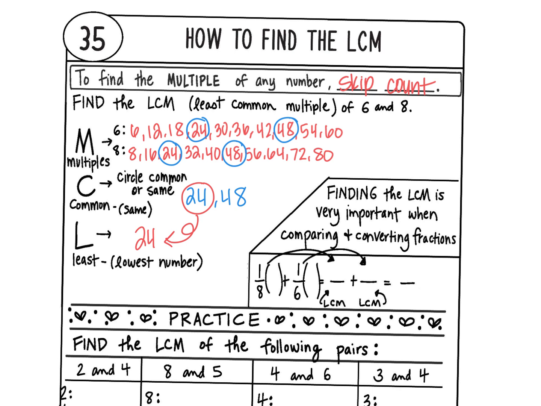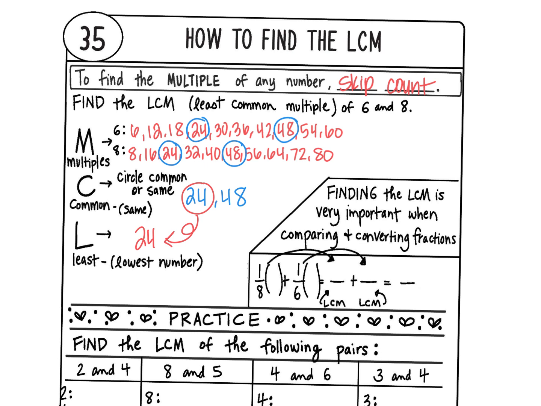Now, that LCM is going to help us when we start comparing and converting fractions. When we talk about equivalent fractions, which is something we will get to soon, you're going to be using the LCM to create equivalent fractions. And I'm going to show you in just a second with this example right here how that looks.